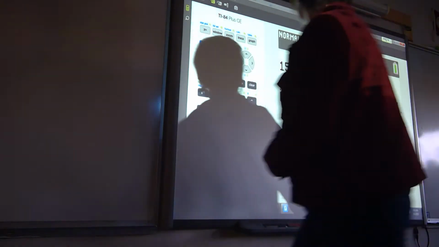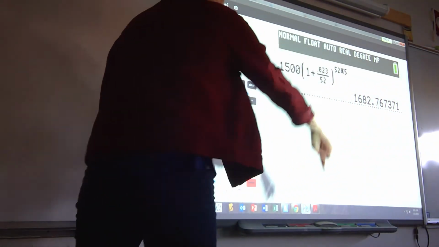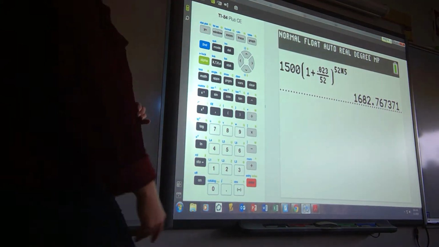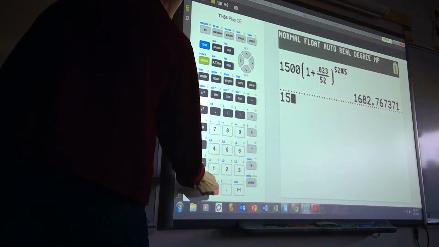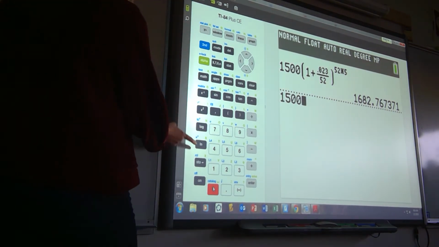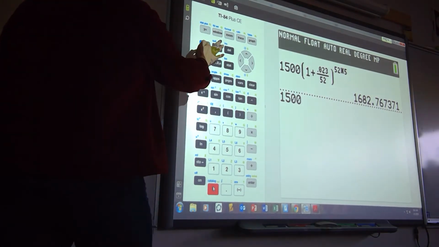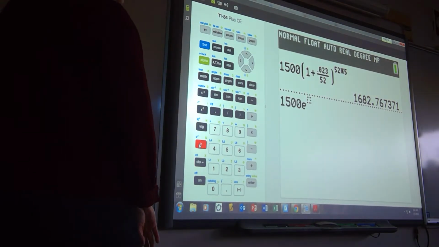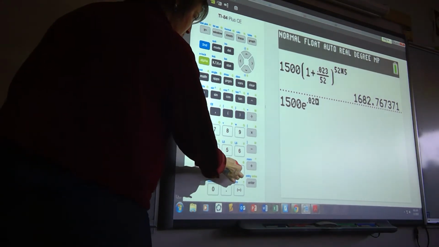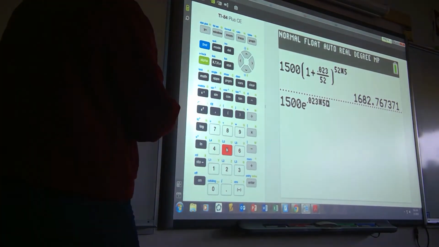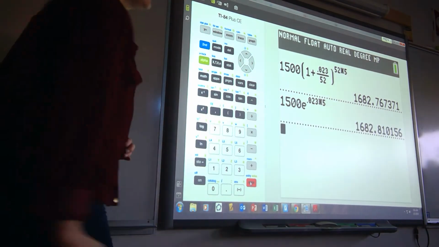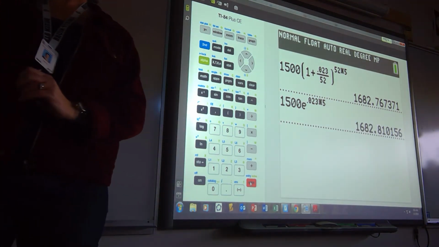And here was our previous calculation when we did it weekly. I'm going to do the 1,500, remember, the e is over here on the ln, or on the divide sign, e to the 0.023 times 5. And it's more.